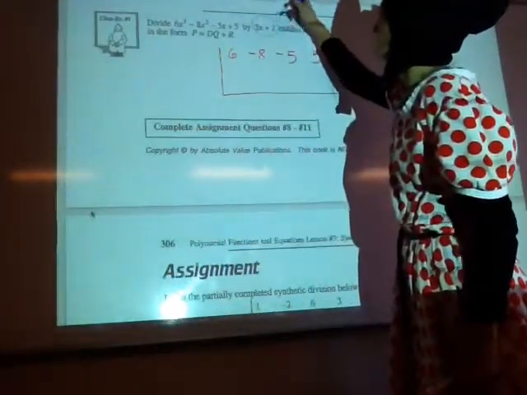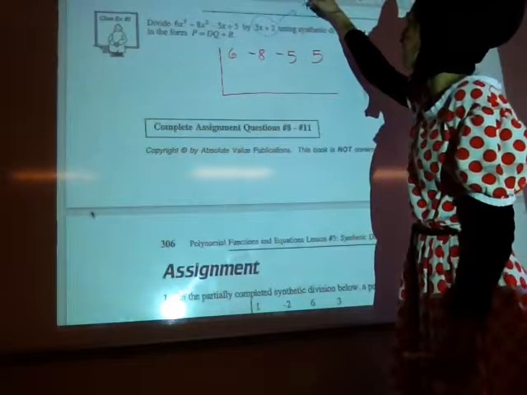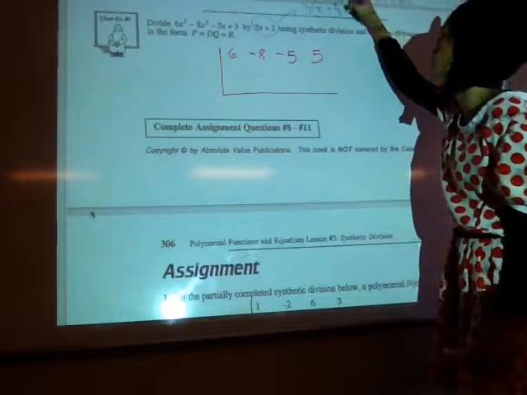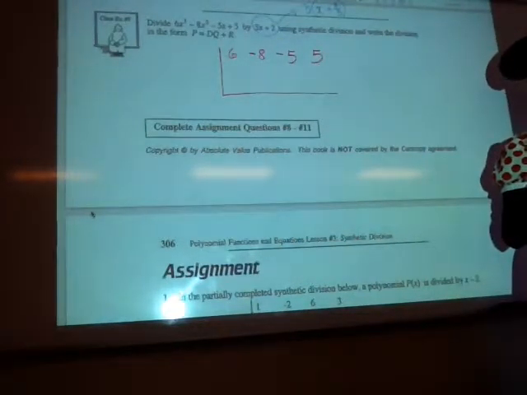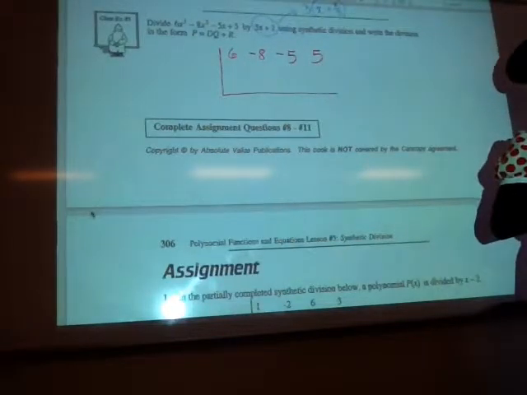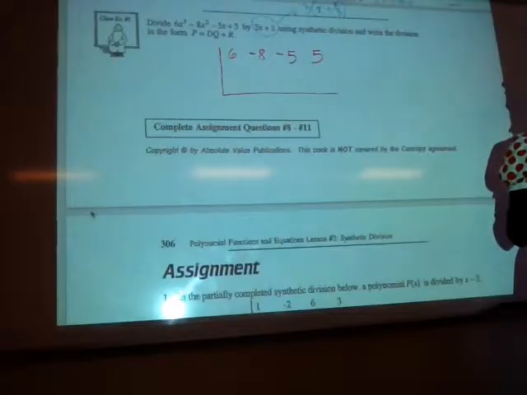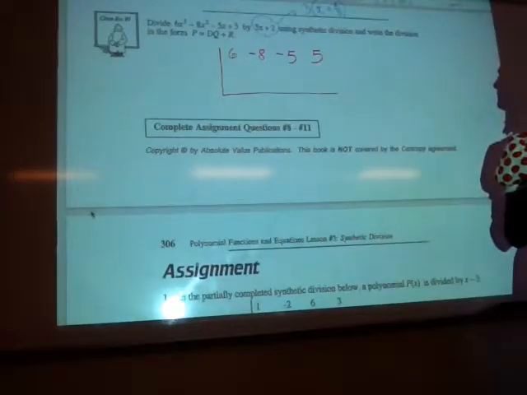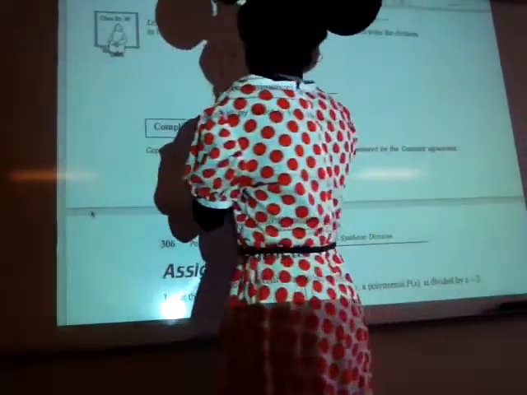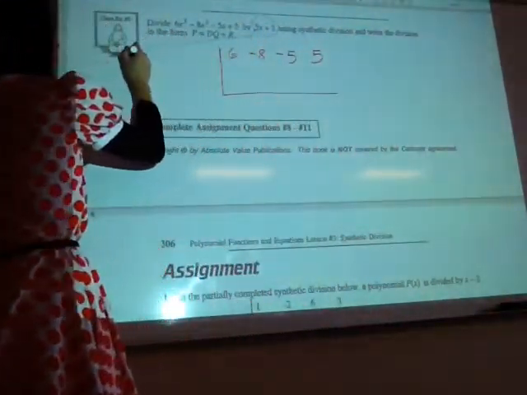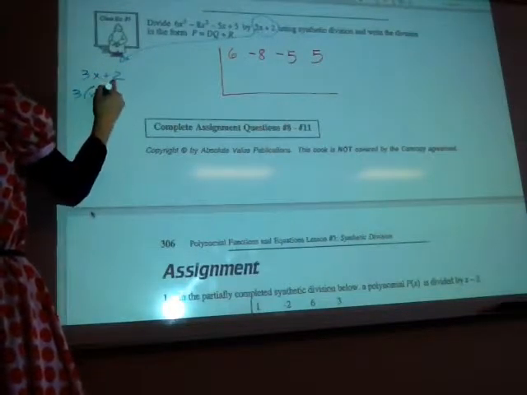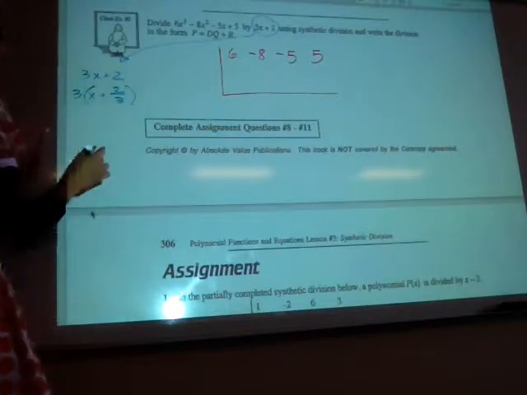From the divisor, if I factor out a 3, I'm left with x plus 2/3. So factor a 3 out of both terms. And maybe I'll draw an arrow on the side so it looks a little more connected. Okay, so we factored this out.